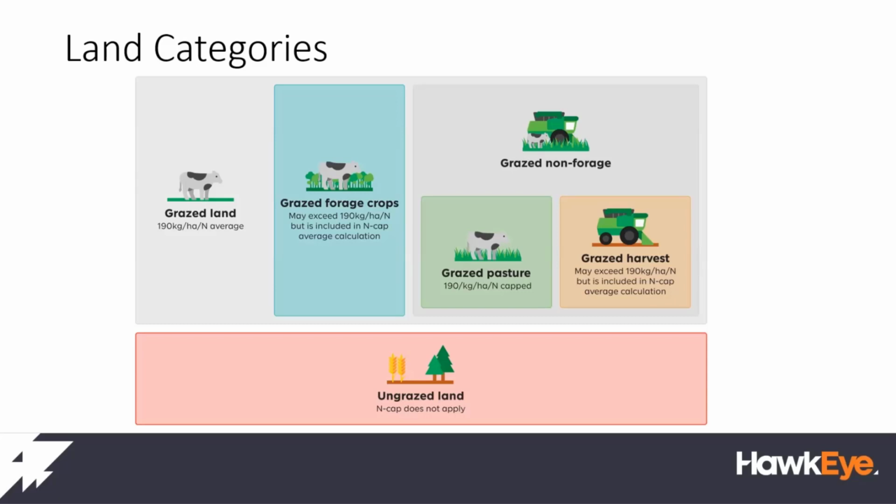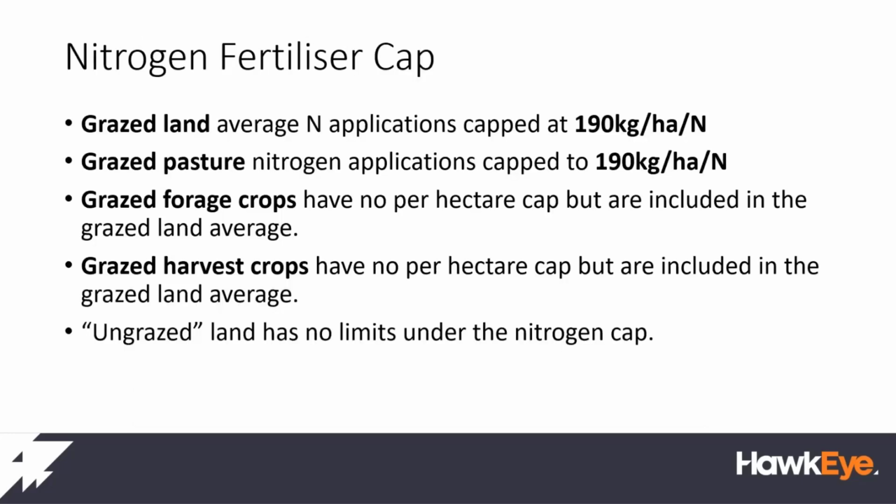So that would be your pure arable crops, so your cereals, any cut and carry that you've got, forestry blocks, things like that fit into your ungrazed land, as well as laneways, dairy sheds, anything on the farm that's not grazed. And just to recap that again, grazed land, average of 190, grazed pasture, capped to 190, forage and harvest crops, no cap, but included in the grazed average, and then your ungrazed land has no limits.